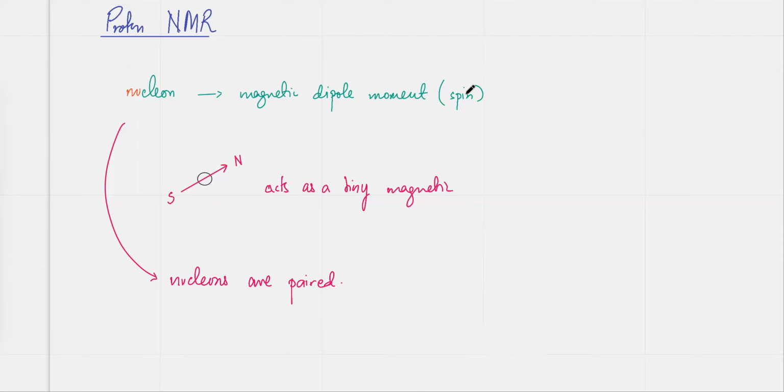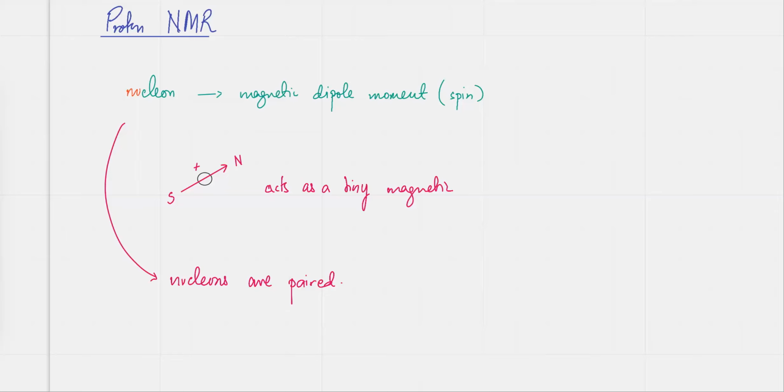Well, this is not the literal spin. What it simply means is that every elementary particle has a magnetic field, and it's going to act as a tiny magnet. Not only does it have a charge, for example, if this is a proton, it will have a charge of +1, so that's an electrostatic force of attraction. It's going to have that, but it will also have a magnetic field associated with it. Is this clear?